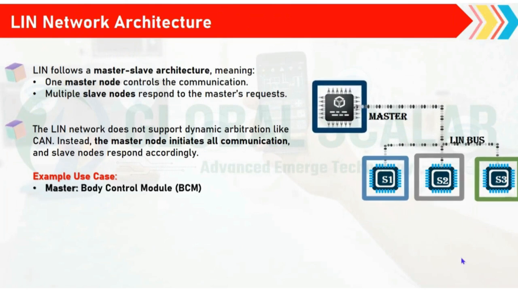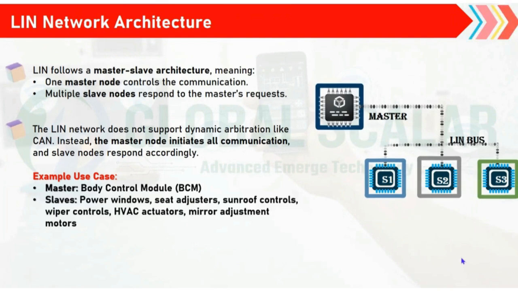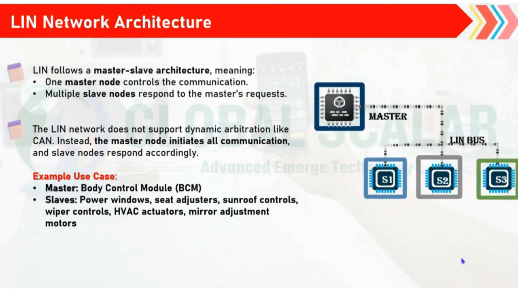An example use case: the master is the body control module in the car, and the slaves will be the power window, seat adjustment, sunroof control, wiper control, HVAC actuators, and mirror adjustment motors.